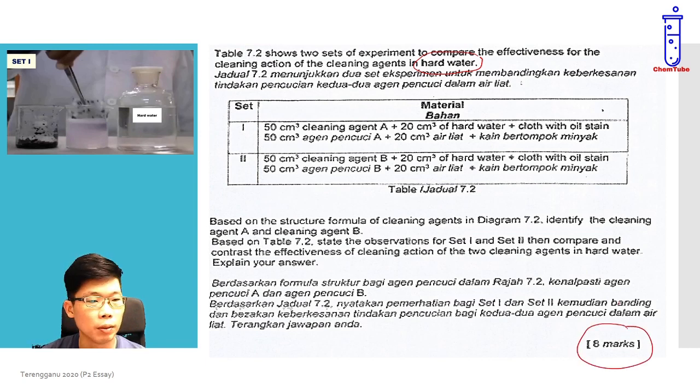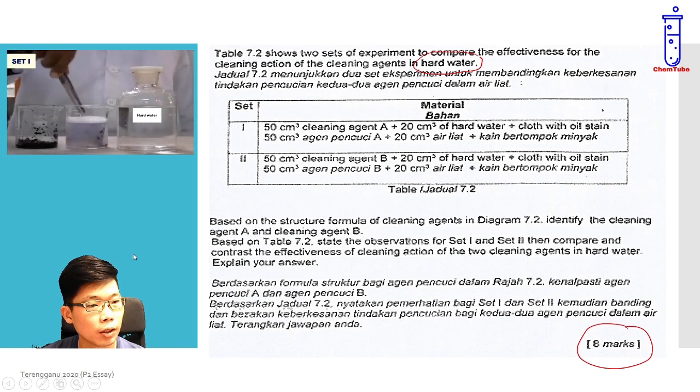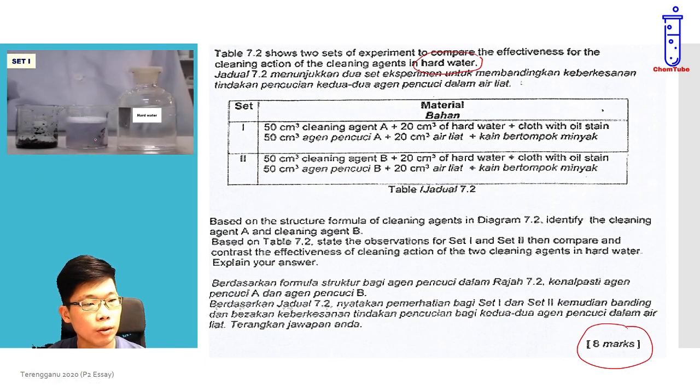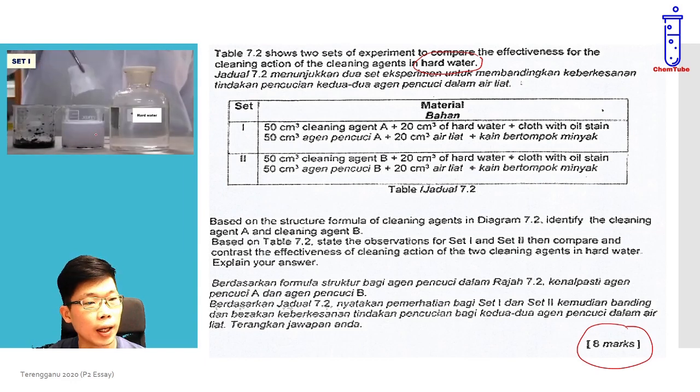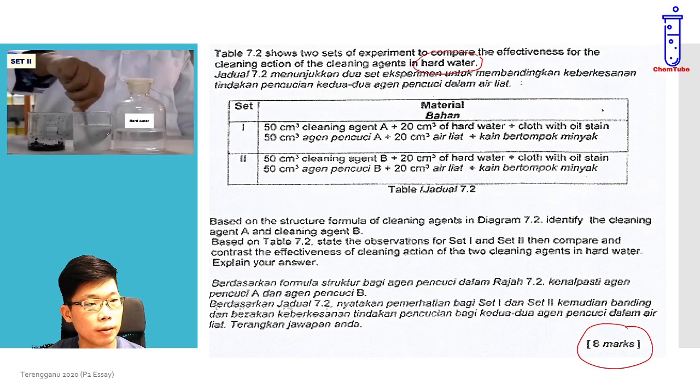Before we go to the answer, we look into the videos here. Set 1: the cloth is put into the hot water with cleaning agent A. So you can see the observation.